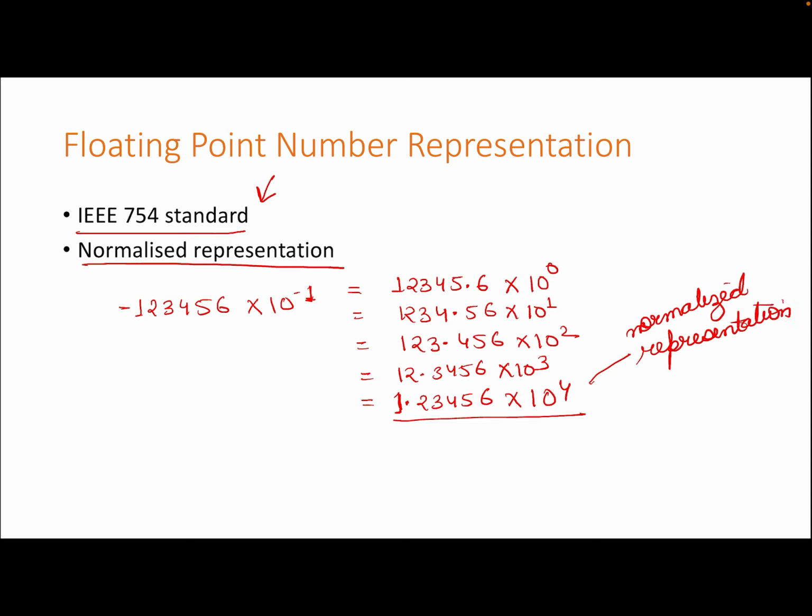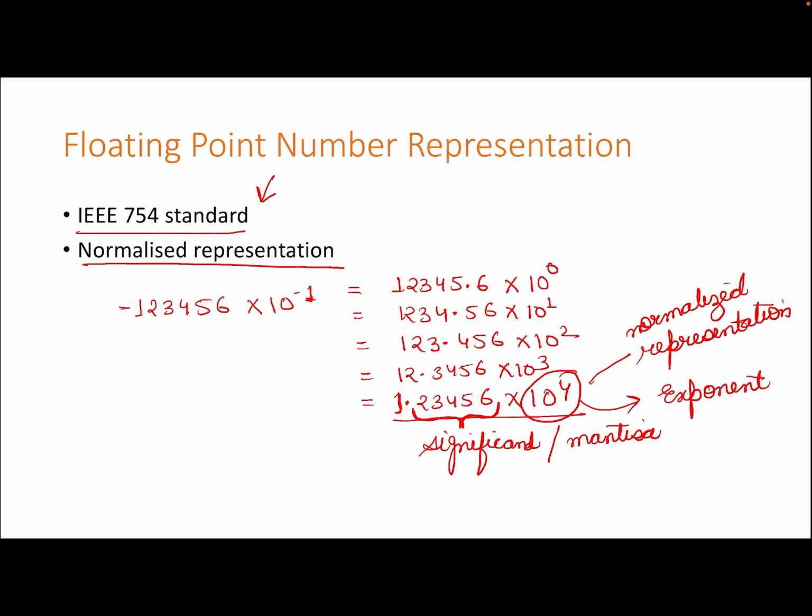In this normalized representation of a decimal number, this part is called the exponent, and this fractional part is called the significand or mantissa. A decimal number has 10 digits from 0 to 9, and the combination of these 10 digits can represent any number.